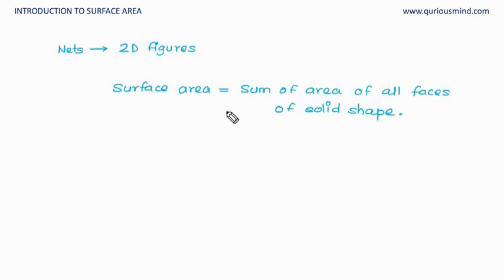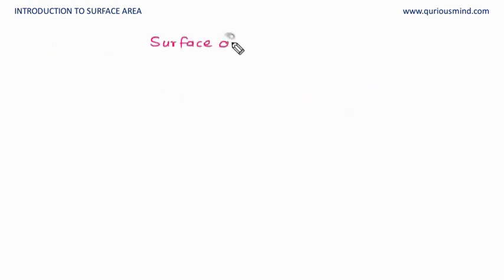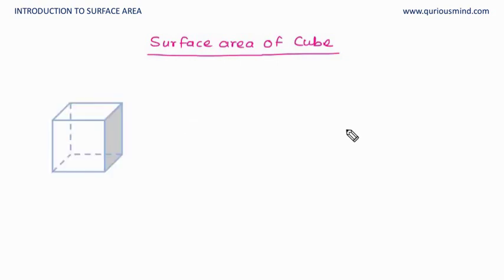Let's start with surface area of cube. We know a cube is made up of 6 congruent squares. So let me draw a cube. Now here we see that this is a front face, I'll show it with 1.